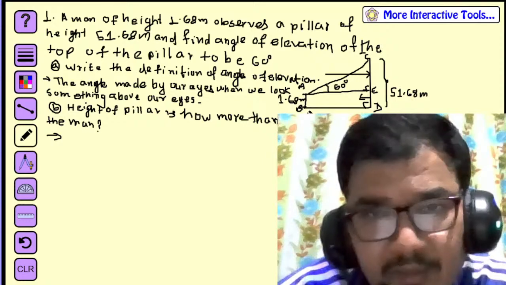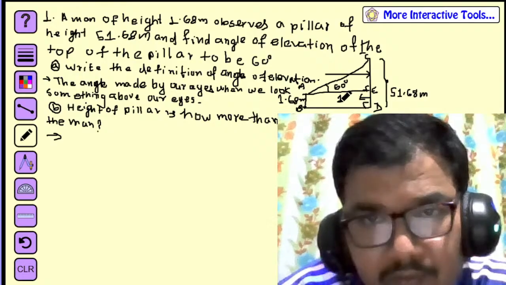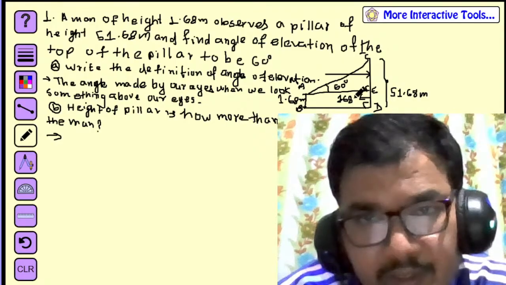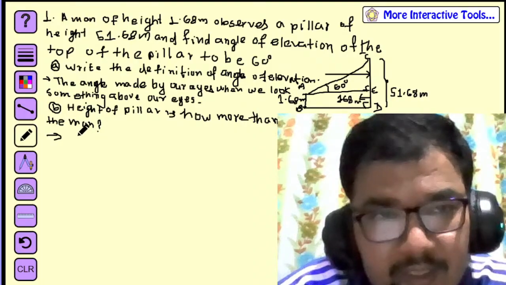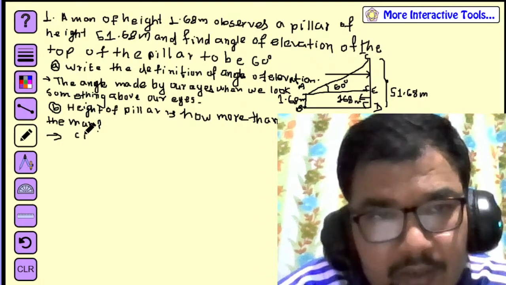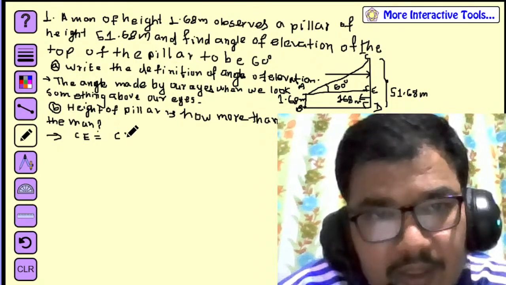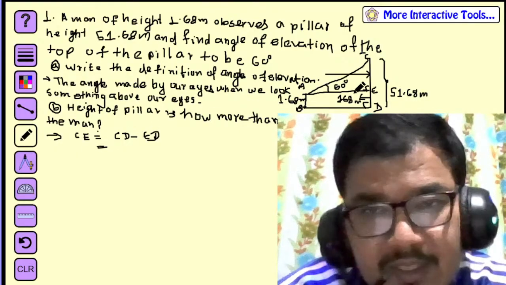This is the height of the pillar and this is the height of the man, and we know this is also 1.68 meter, from E to D. Then when you find the difference, that is called C. CE equals CD minus ED, and we know CD is the total.